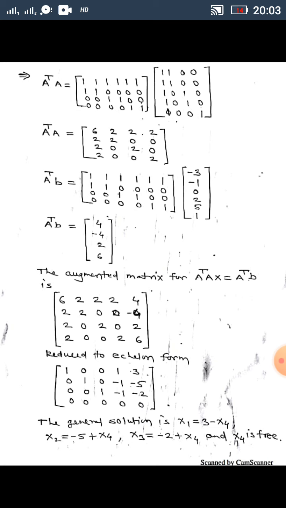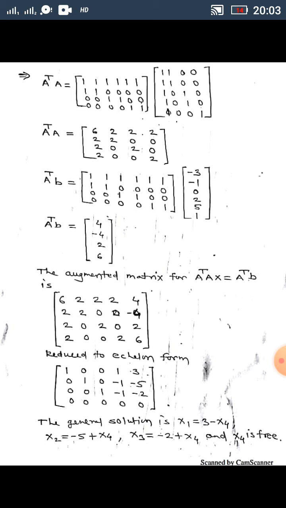Now A transpose B. A transpose is 1 1 1 1 1 1, 1 1 0 0 0 0, 0 0 1 1 0 0, 0 0 0 0 1 1. Now B is minus 3, minus 1, 0, 2, 5, 1. This is the B matrix. Similarly, the same way we multiply.